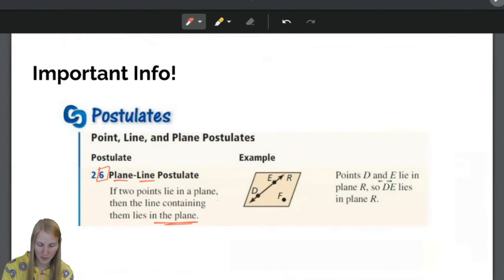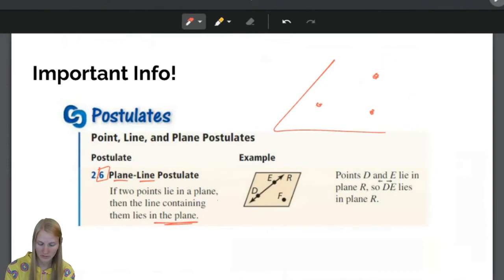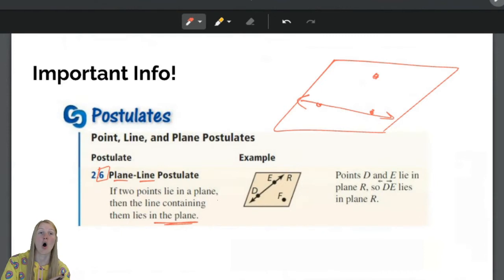If I have a plane, that means that I have at least 3 non-collinear points in it. This line is in the plane. This line is in the plane. This line is in the plane. All the lines made by connecting the points in the plane are in the plane.